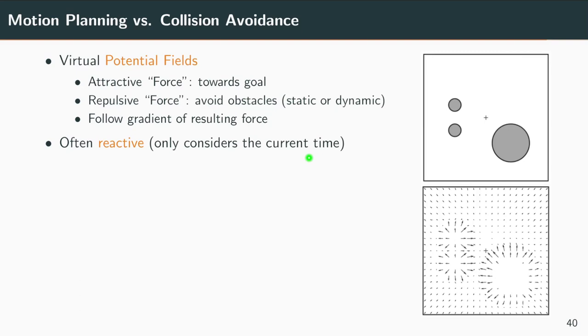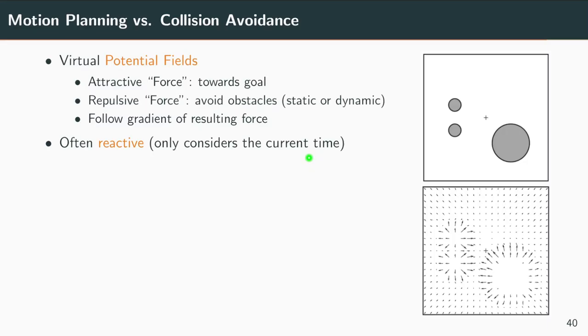And the way collision avoidance typically works, one example is this potential field, which assigns these virtual forces. There's one force that pulls you towards the goal, and then there's typically a whole set of forces that repel you from any sort of obstacles.